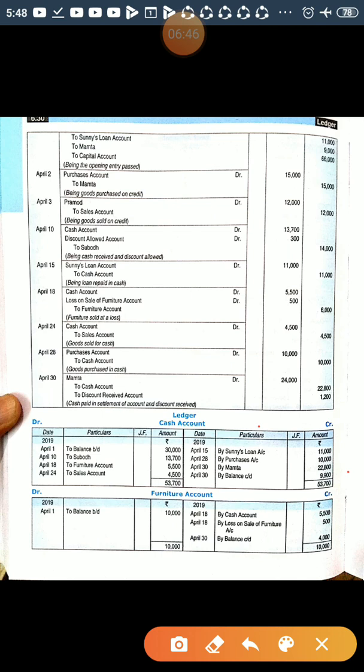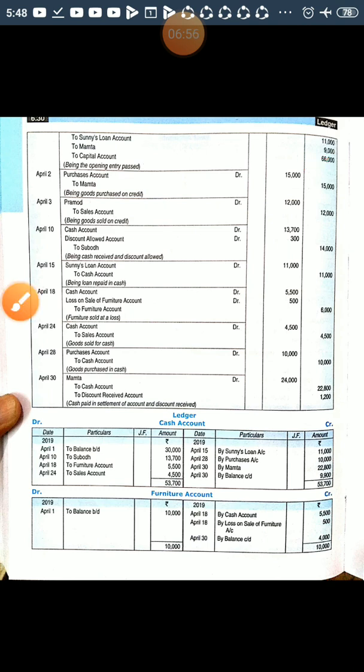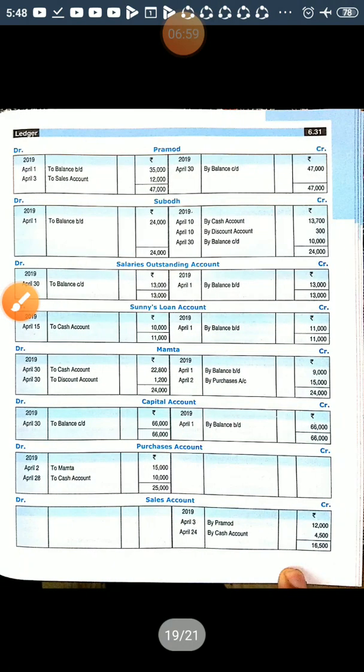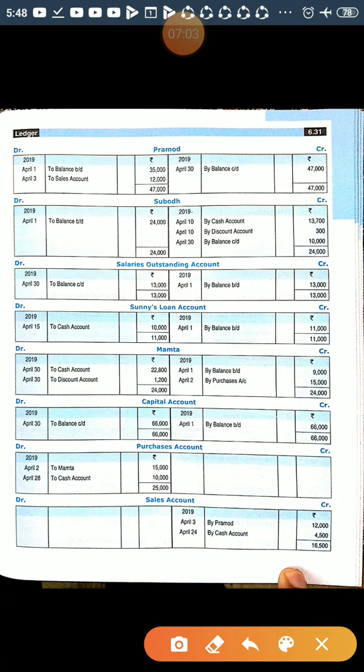Now in the second journal entry, purchase account was debited with 15,000. So in the purchase account, we will write to Mamta 15,000.